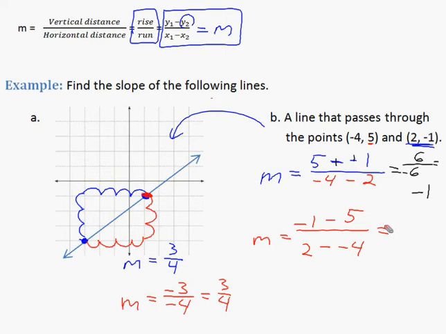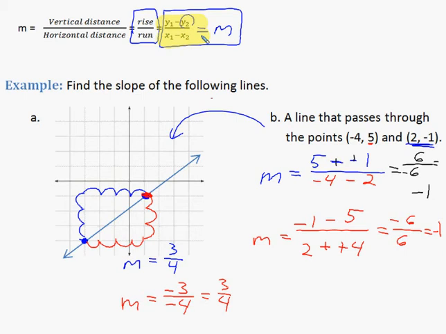This is -1 minus 5, which is -6, and 2 plus 4, which is 6, which still equals -1. So again, it doesn't matter which point you choose first. You'll still get -1.